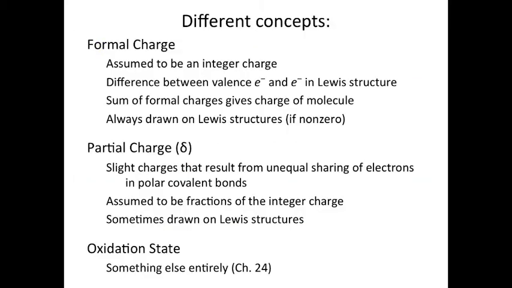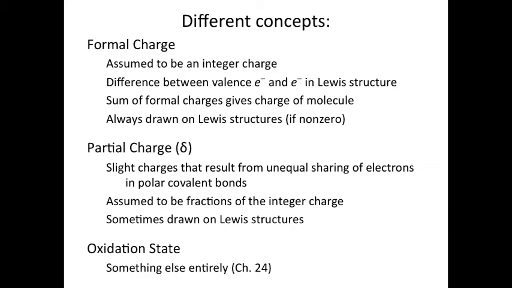Okay, and the last thing I want to say is that formal charge, partial charge, and oxidation state are all different concepts, and so I wanted to draw the distinction between them. Formal charge is assumed to be an integer, and it's the difference between valence electrons and electrons assigned in the Lewis structure. The sum of the formal charges gives the charge of the molecule, and you always draw them on the Lewis structures if they're not zero. That's different than partial charge, which are slight charges that result from unequal sharing of electrons in polar covalent bonds.